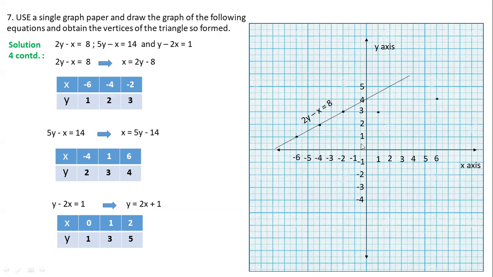Join these three. This is a graph of which equation? This. Okay. So these are the vertices of this. This is a vertex and this is a vertex.